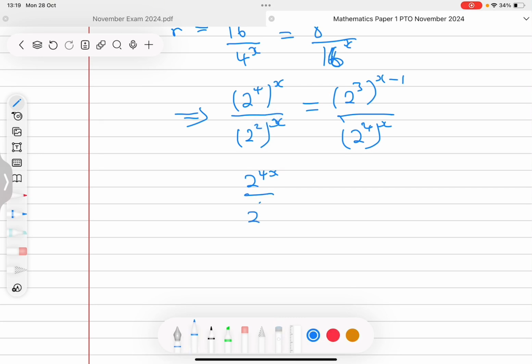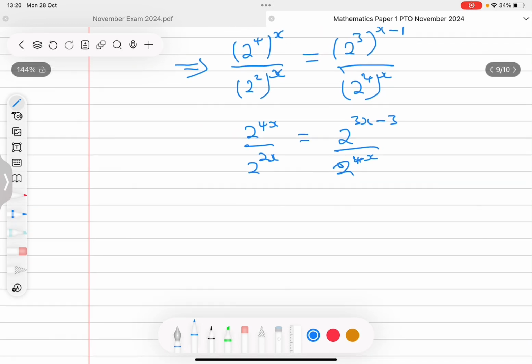So I'll have here a 2 to the power 2x, and this is equal to, the same thing here, this will multiply this and multiply that as well. So the first part will be 2 to the power 3x, and the second one will be minus 3 there, because this times that is 3x, this times that is minus 3. And then here I'll have 2 to the power 4x.